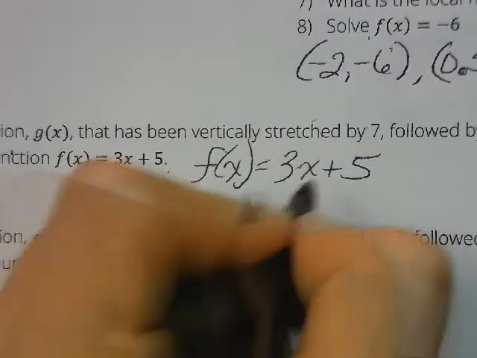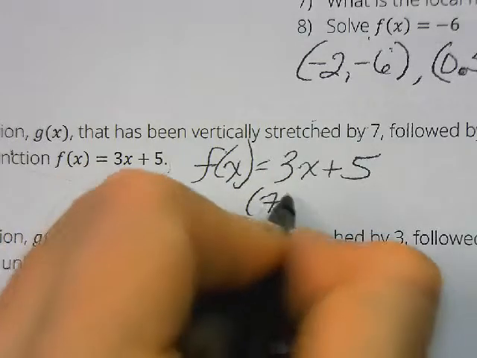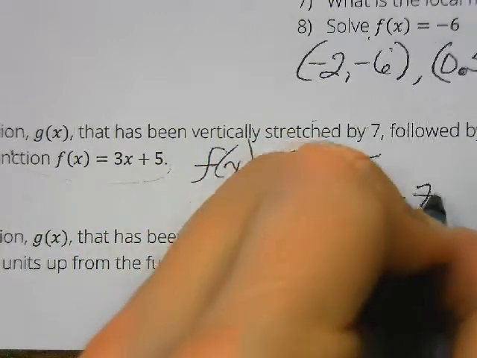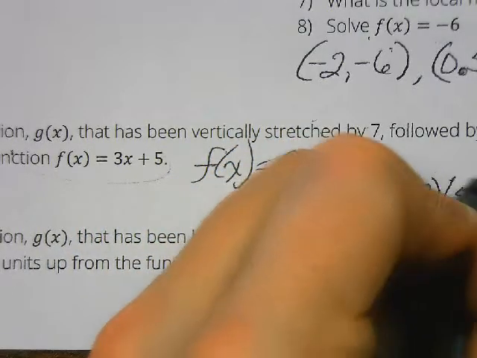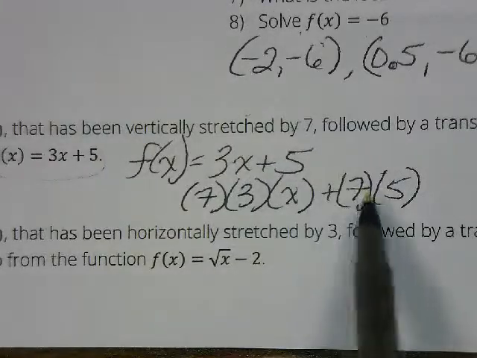So the next step here would be to say 7 times 3 times x plus 7 times 5. So we're going to get 21x plus 35.